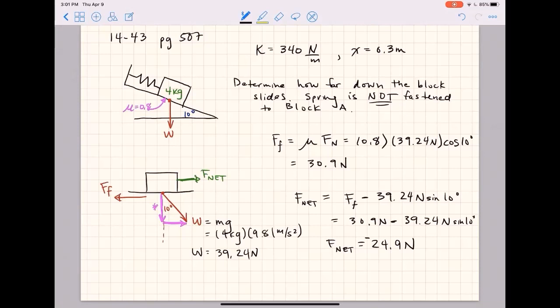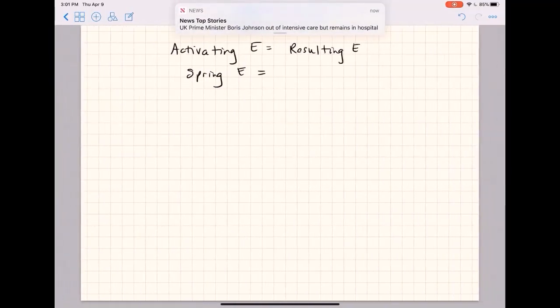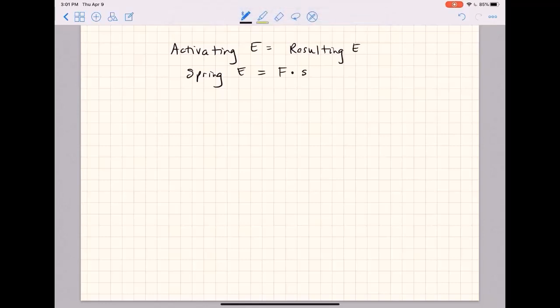And that kind of makes sense because there is a net force here times a distance. And that's where you might have recognized that at this point. This is equal to F times S. Actually, I'll back that up. I'll say spring energy is equal to work. And I'm just going to put in the equations.